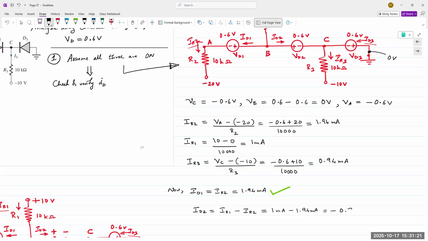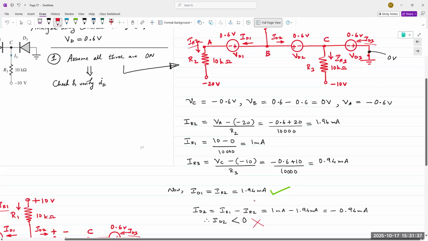This one turns out to be negative. So if it's negative, that means ID2 is less than 0. So the assumption is not valid.